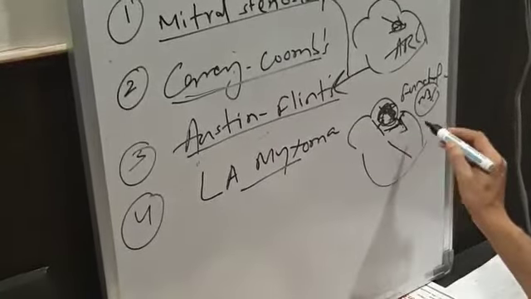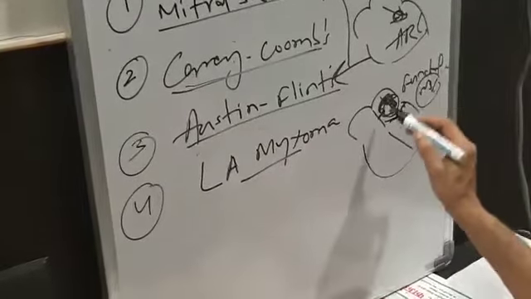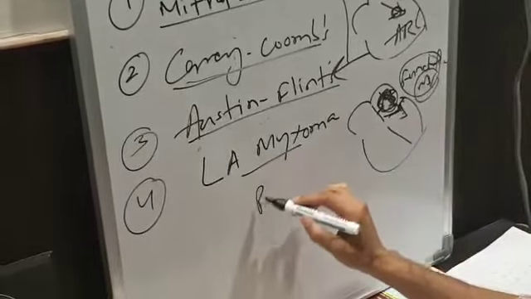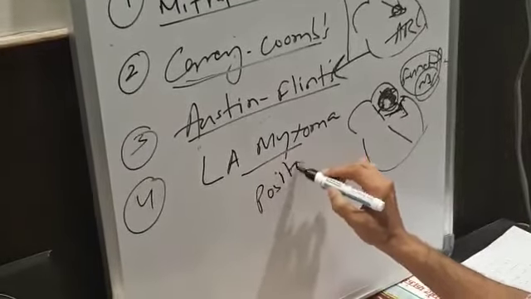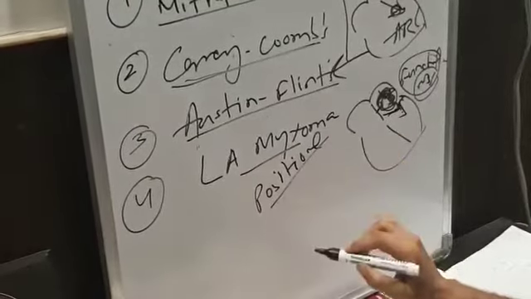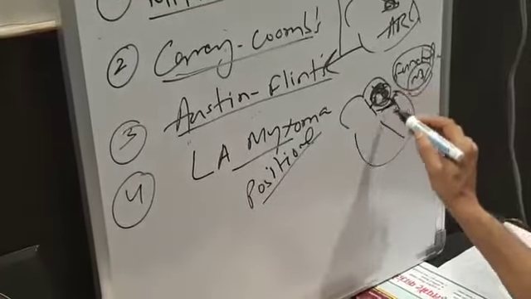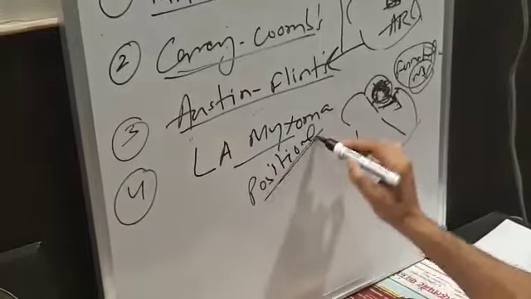What are the associated features? There are constitutional symptoms. The most important thing about this murmur is that it is positional. By change in position, the murmur may change. Intermittent, episodic, you can hear the murmur when the position is changed.